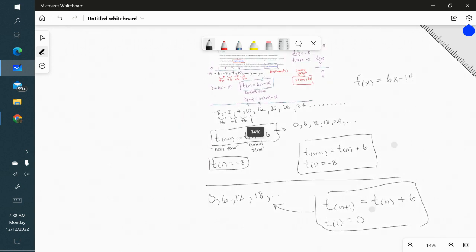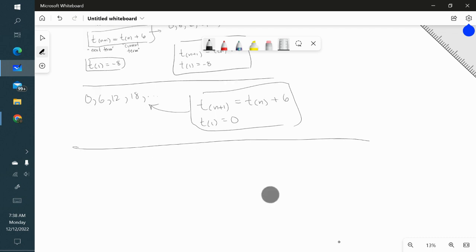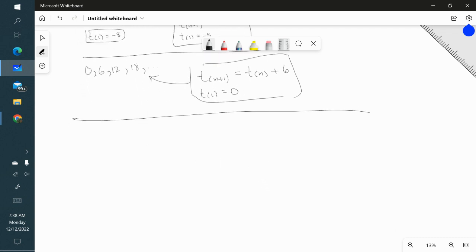What if it's a sequence where it's not adding? This video is getting a little bit long, but let's do one more. You also saw earlier, if you did the rabbit problem, a sequence like this, where it's not adding a constant amount. This time, the generator is times by 2.